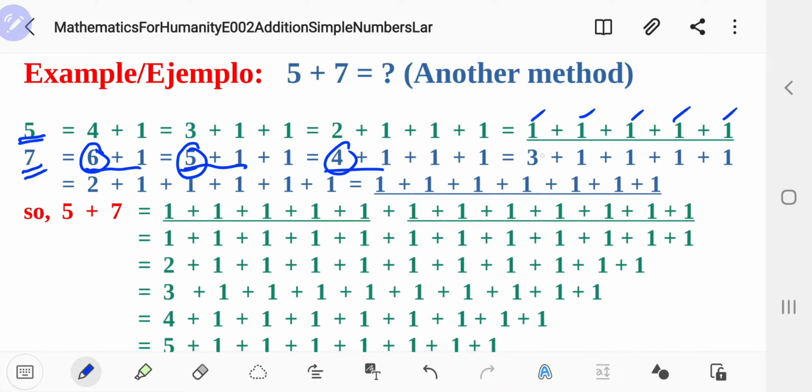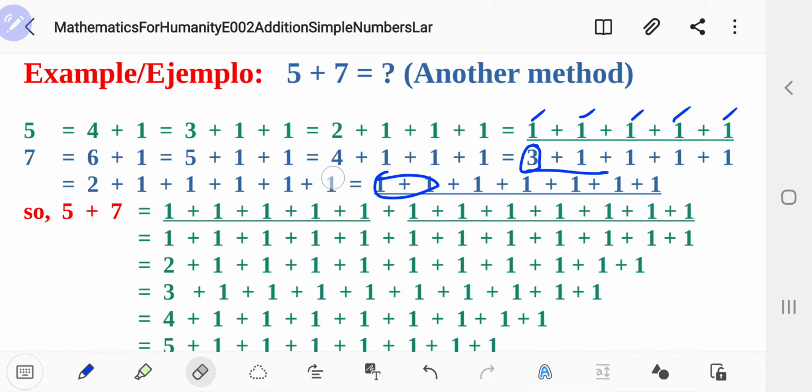And 4 you can write as 3 plus 1. 3 you can write as 2 plus 1. And then 2 you can write as 1 plus 1. So applying the same rule, for 7 you have 7 ones. 1, 2, 3, 4, 5, 6, 7.